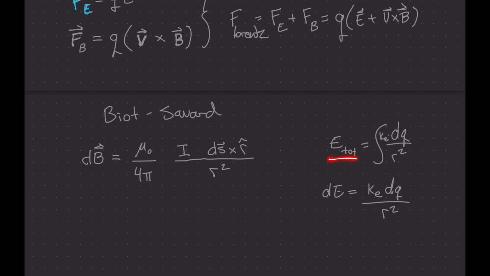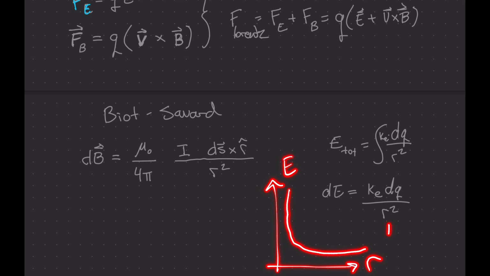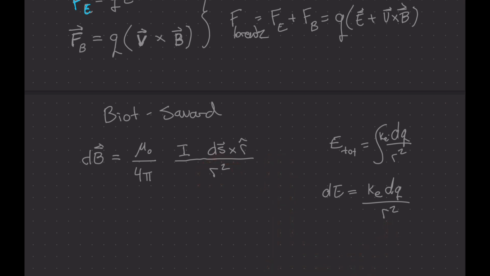And you can see how the total electric field equals an integral. The thing you're integrating over is the charge element, and here you have an r squared because the electric field gets weaker as a function of r squared. So if here I have r like this, here I have electric field, it gets weaker as a function of 1 over r squared. That's the same thing with the magnetic field because of this r squared here.